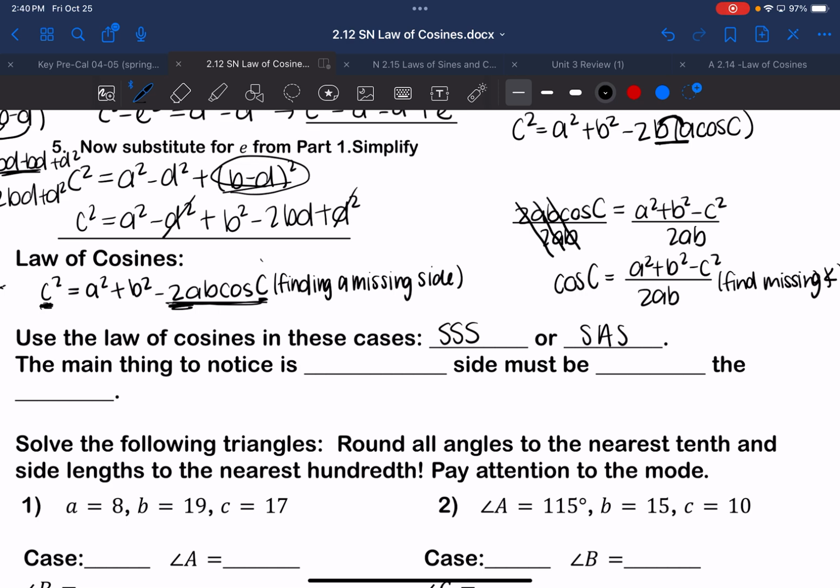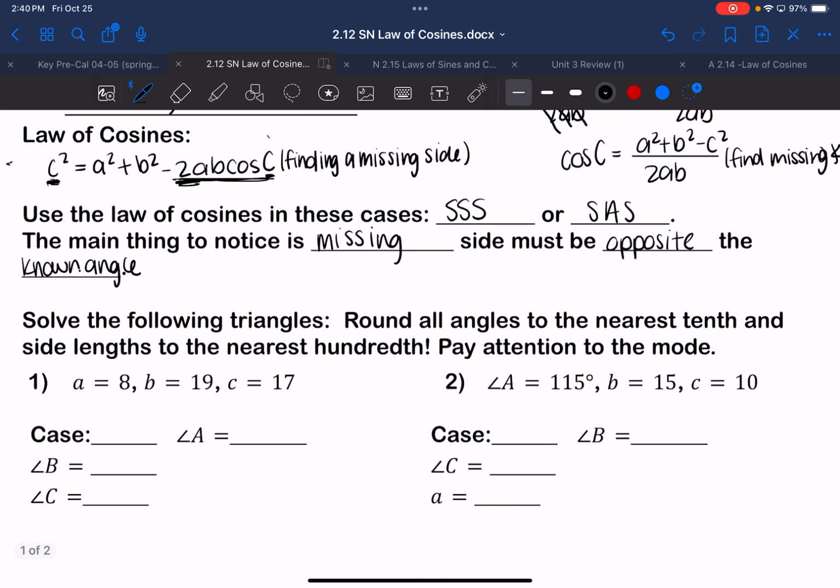So the main thing to notice here is your missing side must be opposite of the known angle. So yesterday we wanted the known angle and side across from each other. Here you want the missing side across from a known angle. So opposite of yesterday.